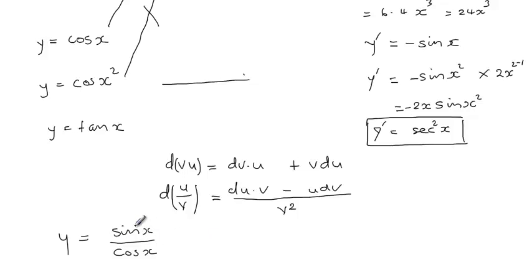Fortunately, I remember the derivative of sine and the derivative of cosine. So then I can apply this. Let's apply this. We're going to say the derivative of tan x, which is the derivative of sine x over cosine x.